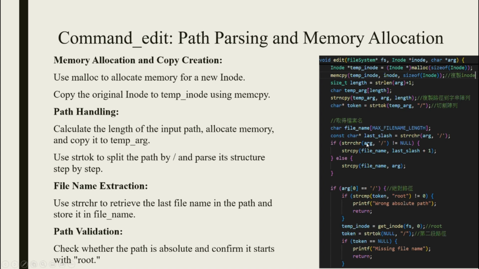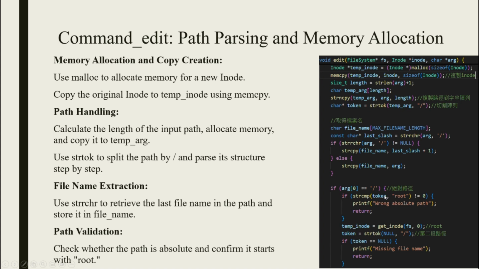If last slash is not null, the file name is copied starting from the character after the last slash into file name. And if last slash is null, the entire arg is copied into file name.